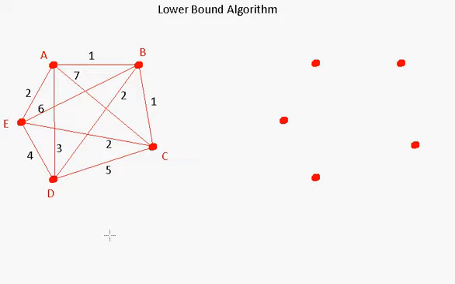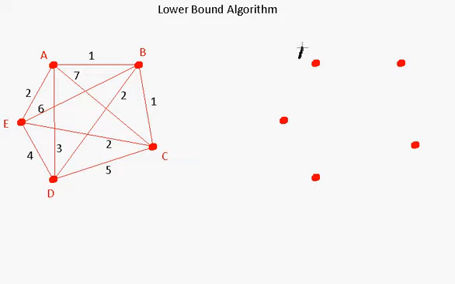This is the graph that I'm going to work with for the lower bound algorithm. How it works is I start off by deleting one of the vertices. You will usually be told in the exam which one you should delete.